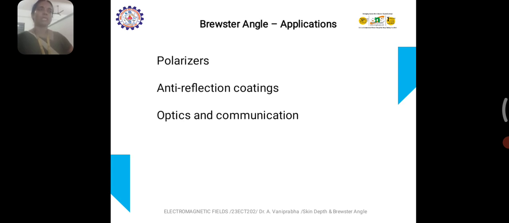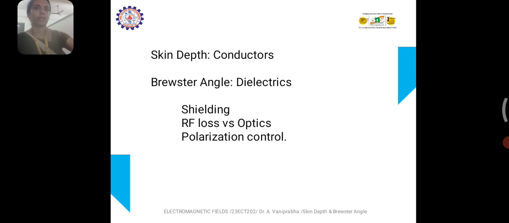So the Brewster angle is highly applied for polarized waves. It is suitable for TM polarized waves, not for TE waves. Skin depth is mostly measured or calculated only for conductors, because within conductors skin depth gives a worse effect.